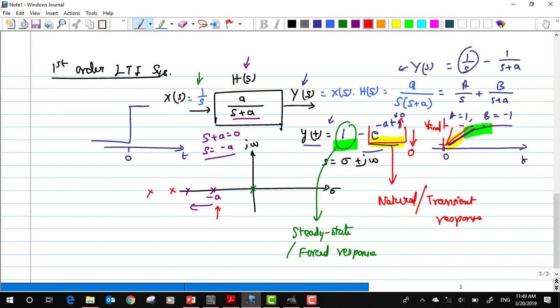As the bandwidth of your system keeps on increasing, because as you increase the value of a in the negative axis, the bandwidth of the system also increases, okay? Due to which this step basically has infinite number of frequencies, okay? And as the bandwidth of your system is becoming larger and larger, the system is capable of allowing almost infinite number of frequencies, and in a way this can produce an output which is almost steeper like this, okay?